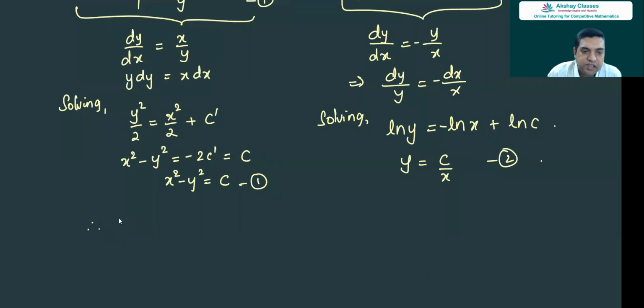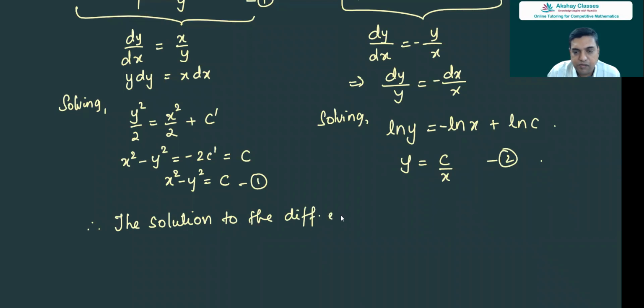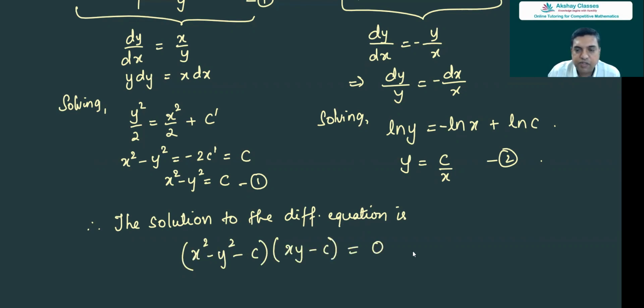Therefore, the solution to the differential equation is x square minus y square minus c multiplied by xy minus c is equal to 0. This is xy minus c.